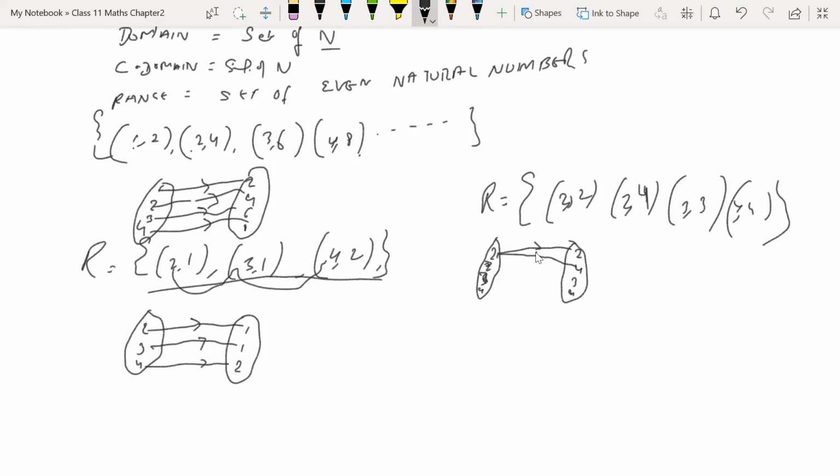It means one element has two images, and this contradicts the definition of a function, that there must not be more than one image. So this is not a function. You can do the remaining examples in your book.